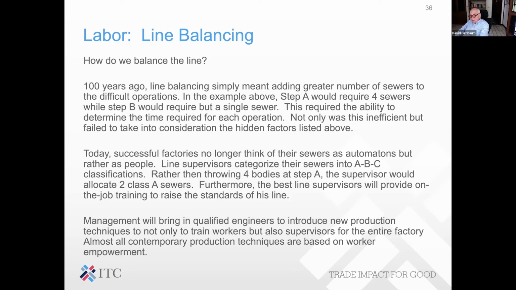And these are the people in a factory you want to watch, because these are the people in the factory that you want to promote. In the end, management starts taking an honest role in this, and they start bringing in specialists, engineers, to start training workers. All of this work is based on worker empowerment.